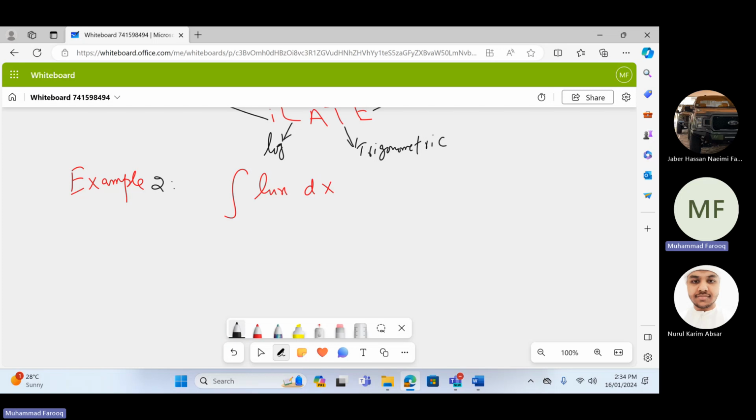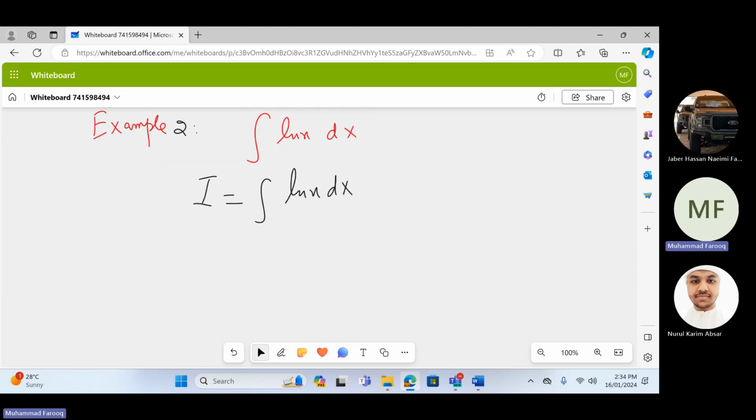First of all, make it a habit: whenever we start a by parts question, say let my question be capital I. And as I told you, I need two functions as a product. So I can write this ln x as ln x and 1. Can I write ln x in this way? Yes, because ln x times 1 is the same as ln x.